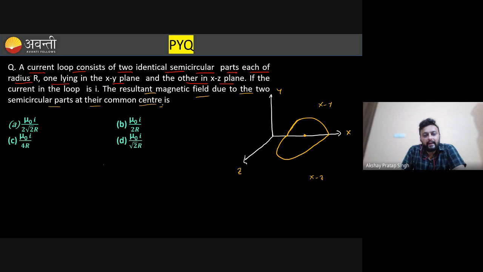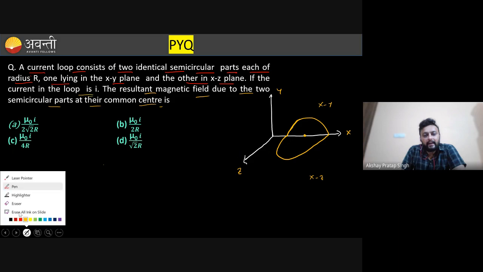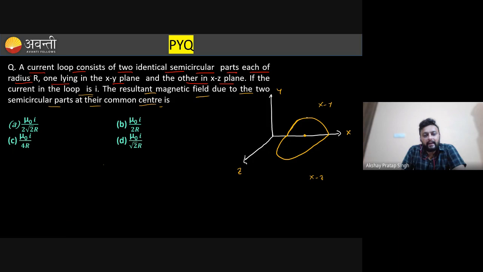And they have a current I, it is mentioned there. Now, first of all, let's consider a current I. Let's suppose this is the current I, like this is the current.